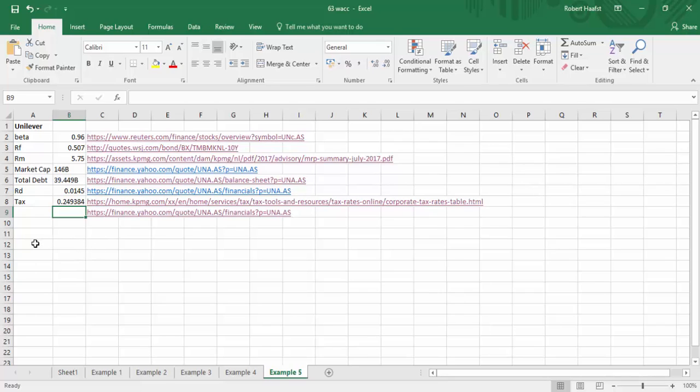Well, from here, let's first start with the cost of capital. Remember, our cost of capital was the risk-free rate plus the beta times the market rate or equity risk premium.